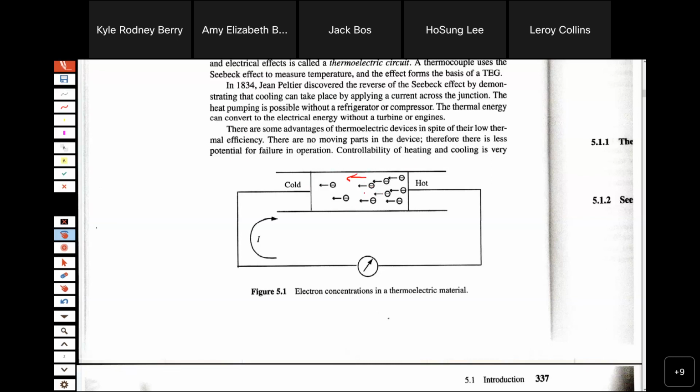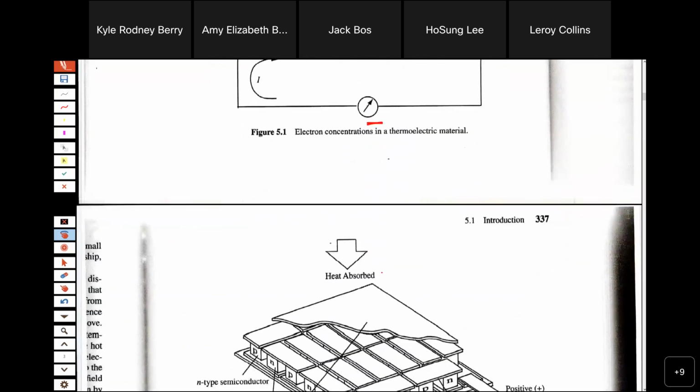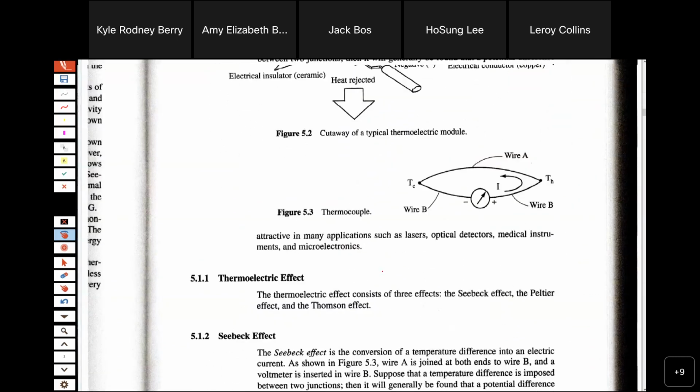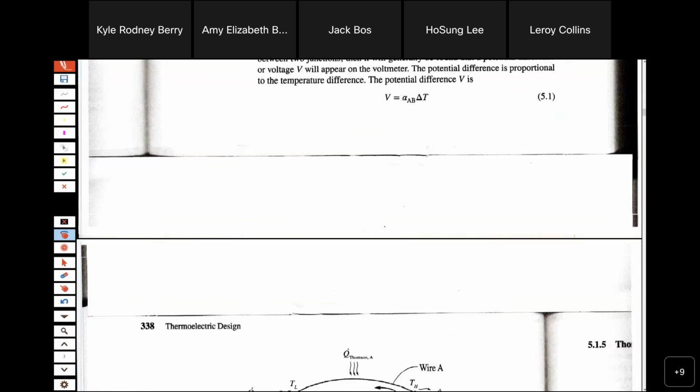That's Coulomb force. So interestingly, the electron must move toward the less dense area. Once the electron moves, then we have a current. That's the Seebeck effect, we call it. Temperature, hot and cold, there is a voltage naturally.